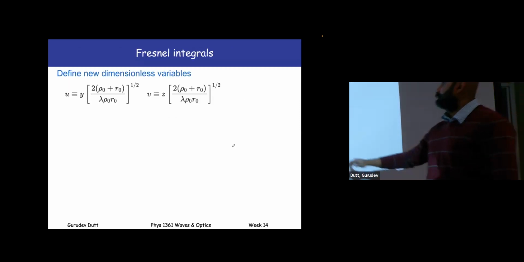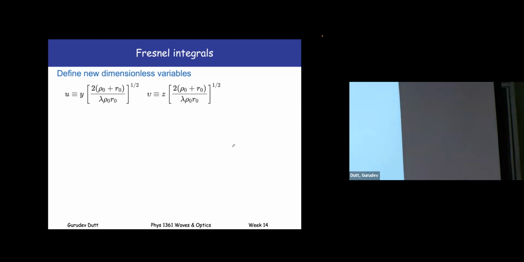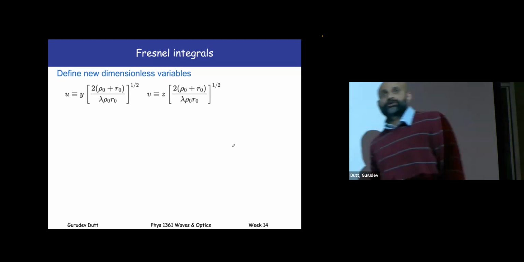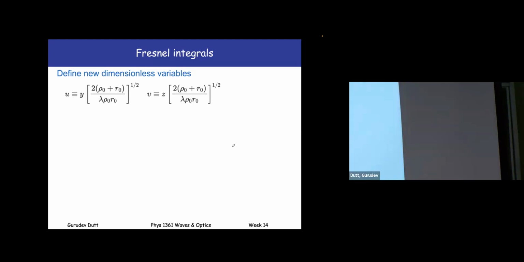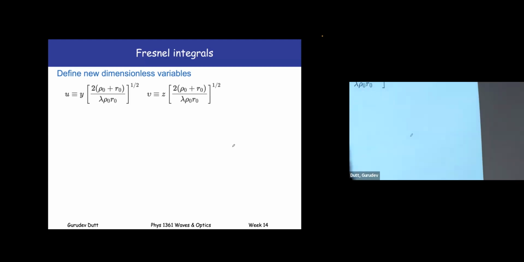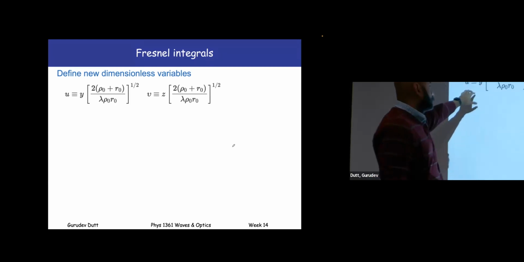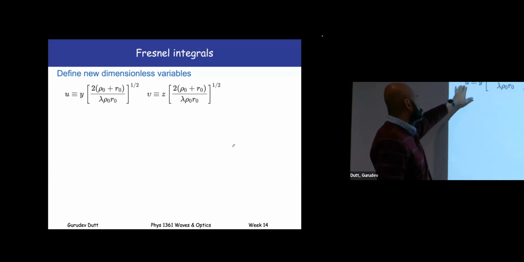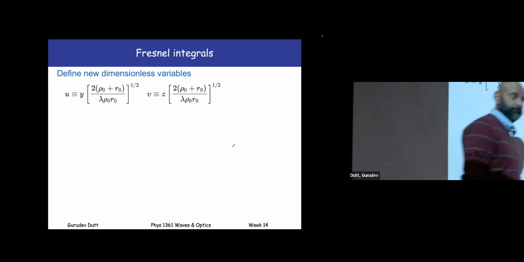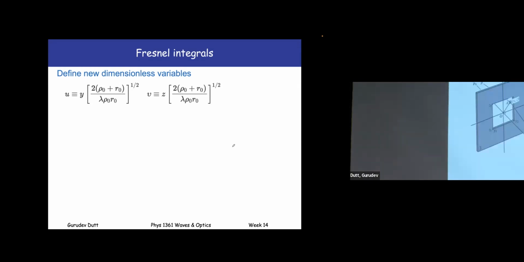So what I do is replace that whole thing by a new variable u. If you square u over here, up to a factor of pi, k times rho gives me u squared.